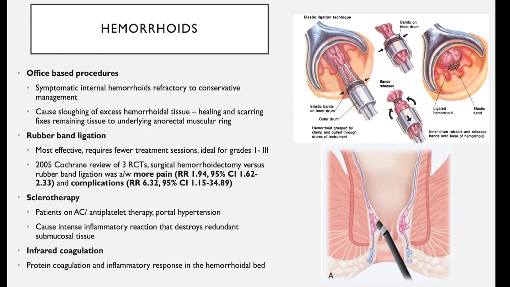And then there's also infrared coagulation, which is a picture on the bottom of the right screen, where you use this infrared device that causes protein coagulation and then again an inflammatory response in the hemorrhoidal bed.